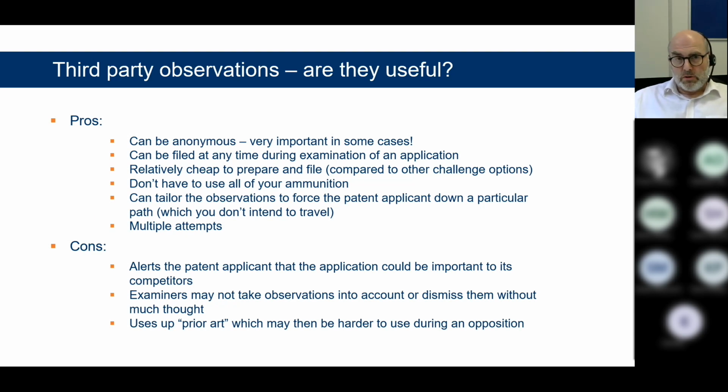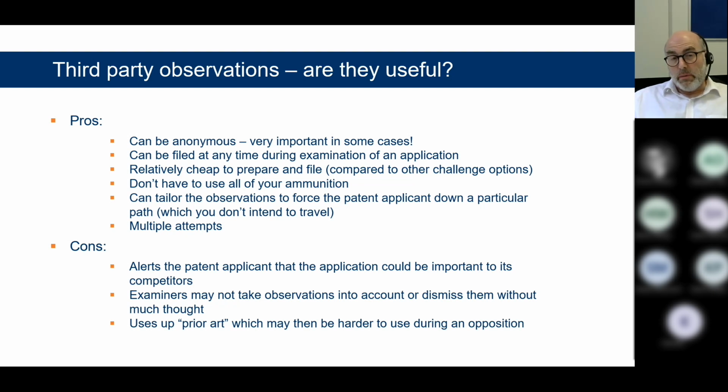Equally, sometimes you do want your competitor to know that you're the one who's actually filing the observations and you don't do it anonymously. But I would say that the vast majority of third-party observations that are filed, at least in Europe, are done anonymously, because it's a way of knocking out a patent without the competitor knowing who's doing it. The fact that they can be filed anytime up to grant is also really, really useful, because you can keep probing, nibbling away at the claim, and hopefully persuading the examiner that the claim's quite obvious or not novel.